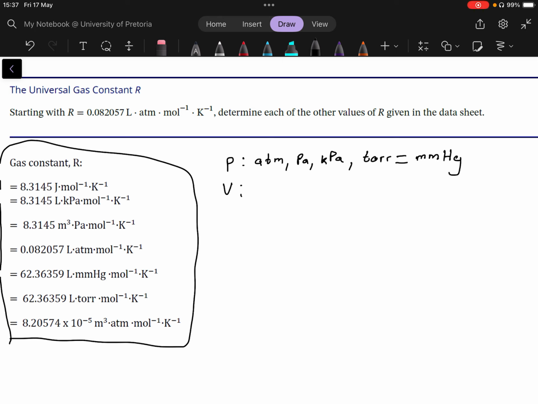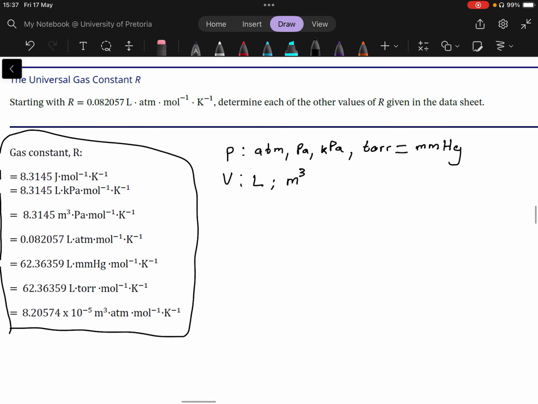Then for volume, you can have liter, and of course, cubic meter. Those are the different units that we can convert the R gas constant to.